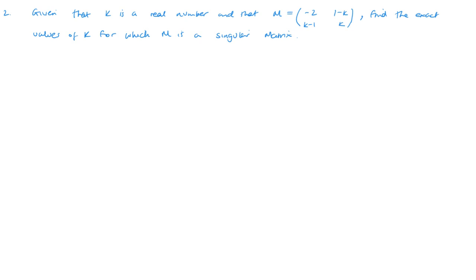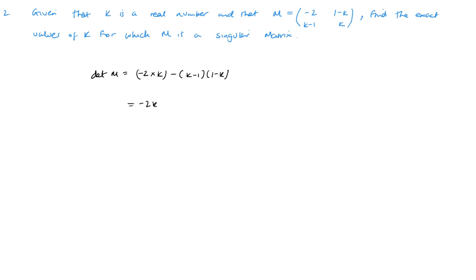Question 2. Given that k is a real number and that M is this matrix, find the exact values of k for which M is singular. So the determinant of M is minus 2 times k minus k minus 1 times 1 minus k. The other way around.